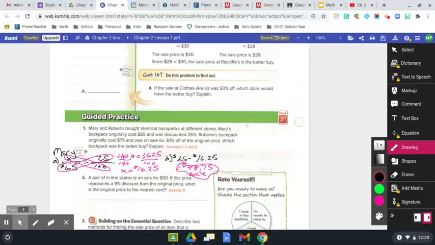And then let's talk about Roberto. Let's figure out first his discount on his backpack. His is more money, $75. His is 30% off also, so it has a bigger discount. Let's see, if his is more money and he has a bigger discount, how that compares to Mary's. So if the backpack was $75, 30% out of 100%, let's figure it out.